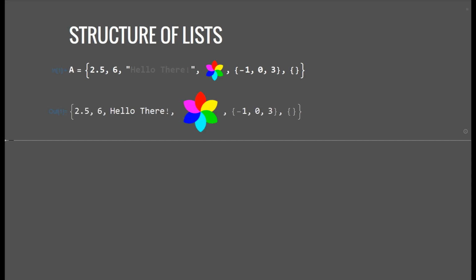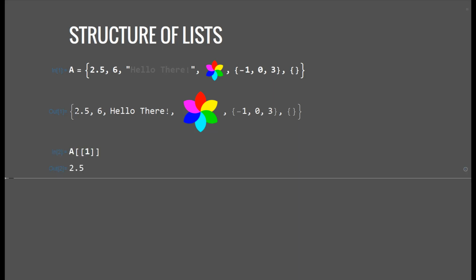So here, when we have the list, you can call elements of the list. If you give it a name, in this case, we label this list as A, you can call an element of the list by typing A and then a double square bracket. For example, let's say we look at the first element.